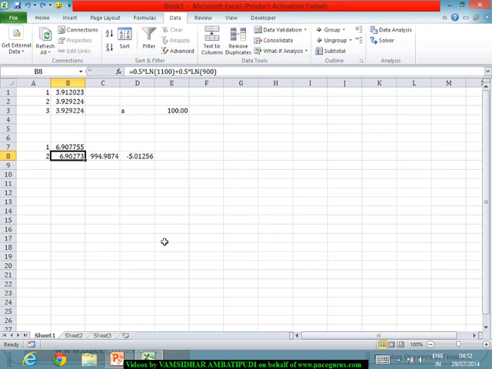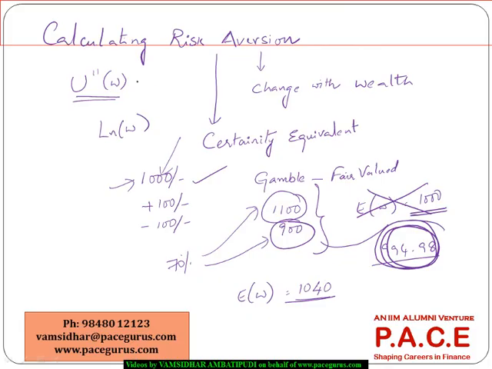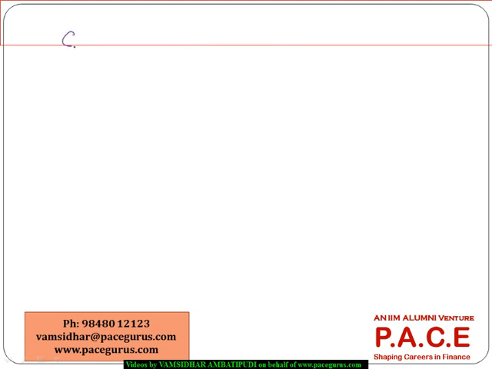So looking at that particular context, one point that I can very definitely make is the certainty equivalent for a fair gamble will always be negative, and that is what is a representation of a risk averse investor.